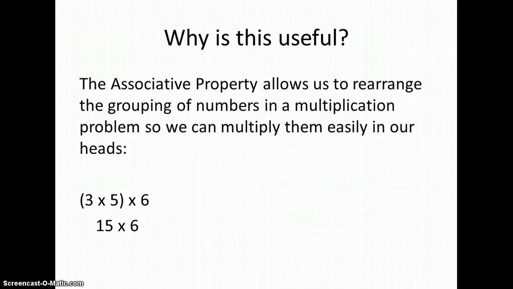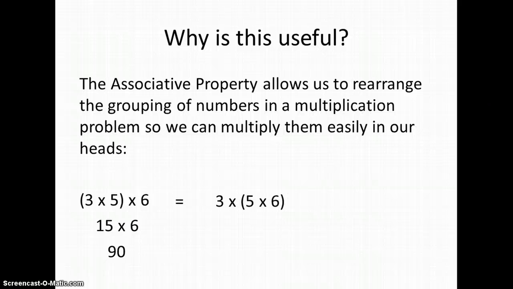I may not know the product of 15 times 6 in my head, and I may need to do some scratch work. But after working it out off to the side, I would find out that 15 times 6 equals 90. Now let's look at how the associative property, rearranging the grouping or moving the parentheses, but not the order of the numbers, helps me to multiply this in my head more easily.